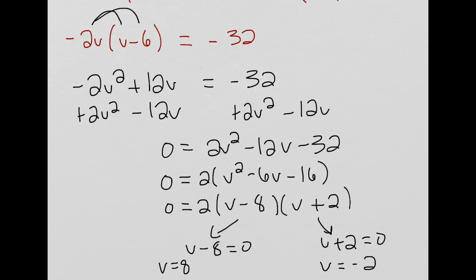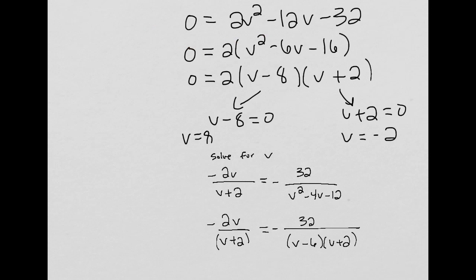Okay, I can't box those in yet because I do need to check them in the original. So that's my last step. Okay, so I brought our original equation right underneath our two candidate solutions. And so all we have left to do is to check to see if v equals 8 produces a 0 in the denominator and whether v equals negative 2 produces 0 in the denominator.